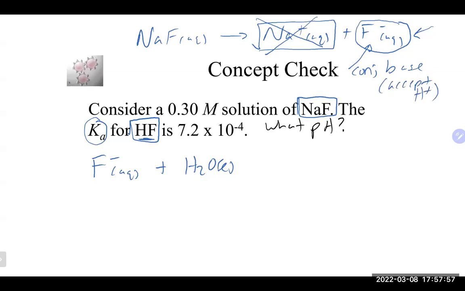So when it reacts with water, it's going to react as a base and it's going to accept the H plus. And that is what we would expect to see here. The H plus goes from the water over to the F minus. That is then going to give us what always happens, which is it will make exactly where it came from.